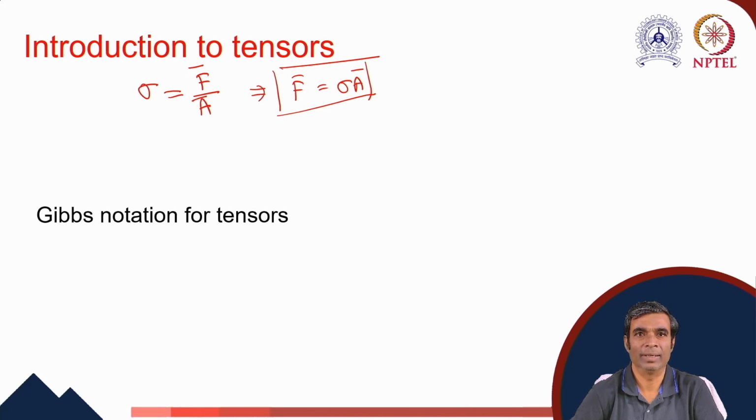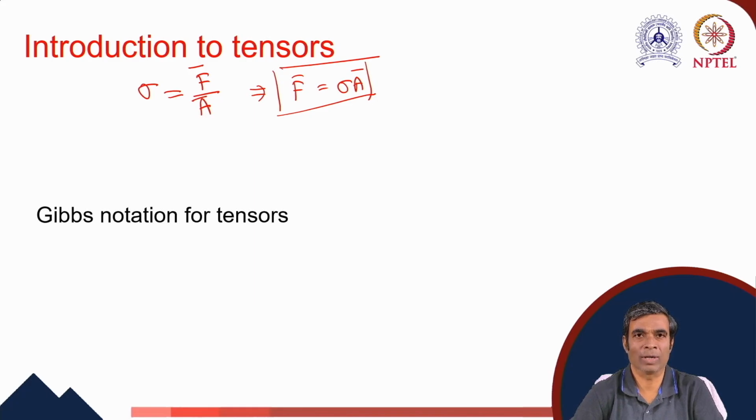It means that sigma represents a quantity which assumes magnitudes as well as multiple directions. In this case, we have the directions of two quantities, the direction of force, which is a vector, as well as the direction of area, which is another vector. So two directions are associated with the stress tensor. Because of that, we say that the stress tensor is a second order tensor.